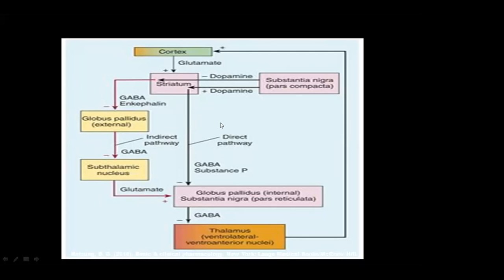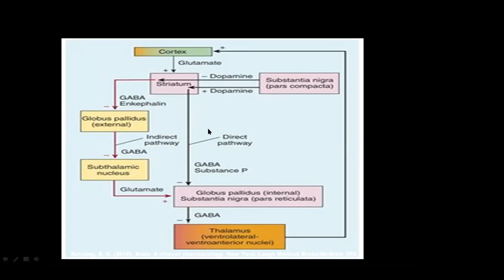For this pathway to happen, we have another structure of the basal ganglia, the substantia nigra pars compacta, that uses dopamine neurotransmitter, and depending on the receptor in this striatum, it will produce the direct or indirect pathway. Commonly, the direct pathway uses the D1 and D5 receptors. The indirect pathway uses the D2 type receptors, the D2, D3, and D4 receptors.